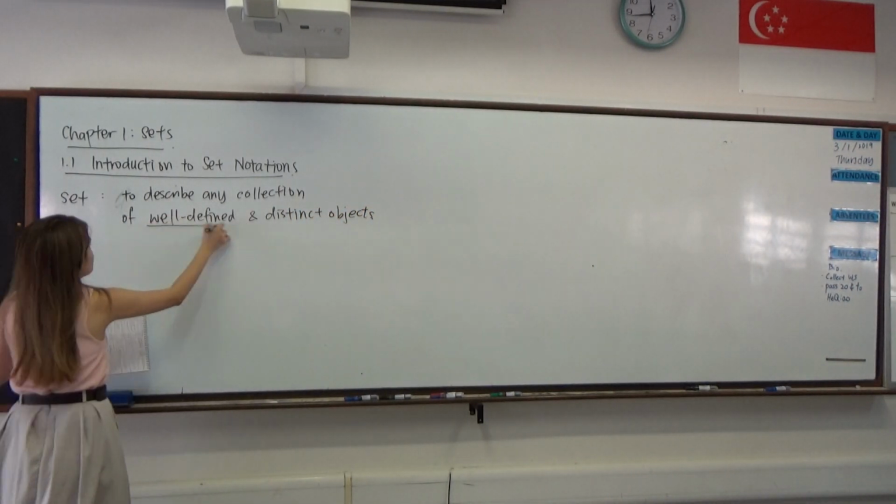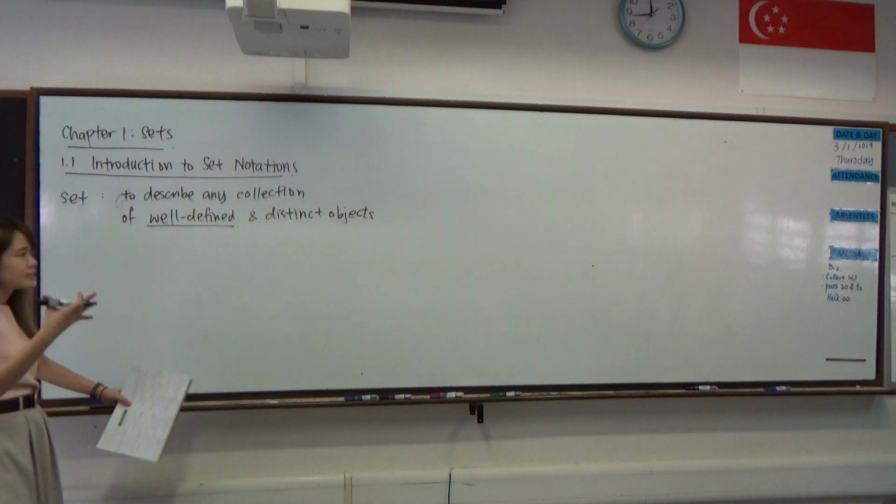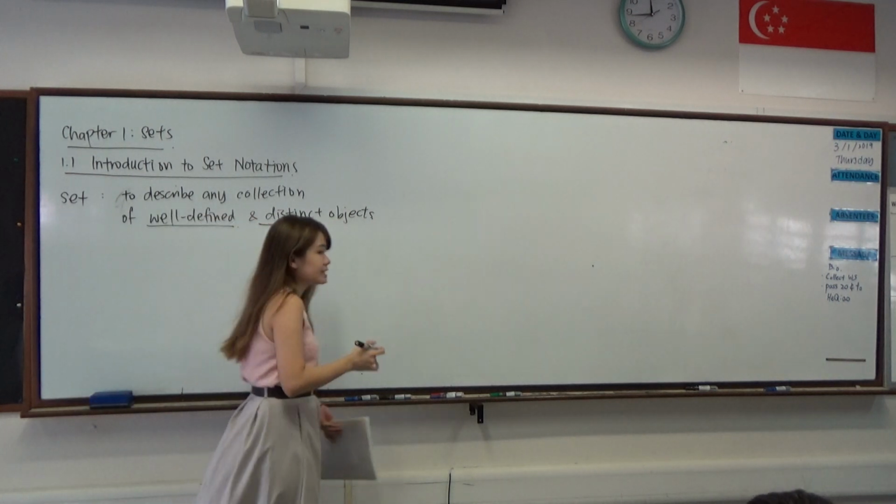There are two conditions to say that something is a set. The set must be well defined, and the items must be distinct objects.